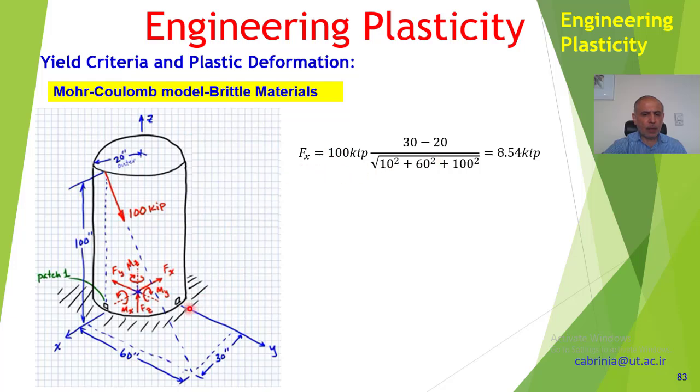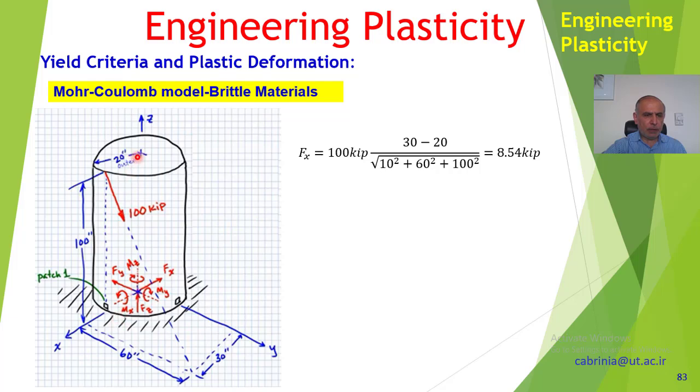So Fx, because it is along the x direction, we use this force, which is 100 kip, and so Fx is this force times the direction cosine. These are the cosine ratios: cos alpha, beta, gamma, L, M, N.